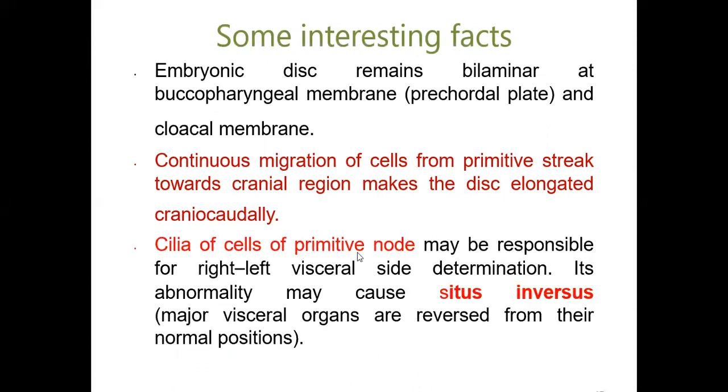Cilia of the cells of the primitive node are responsible for right-left visceral side determination. If there is abnormality in the cilia beating, it may lead to a condition known as situs inversus, where major visceral organs are reversed from their normal positions.